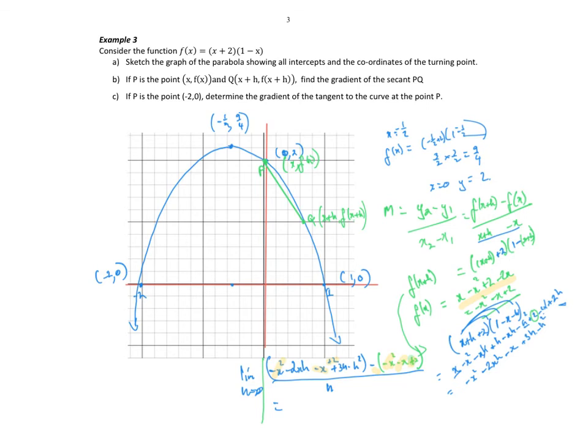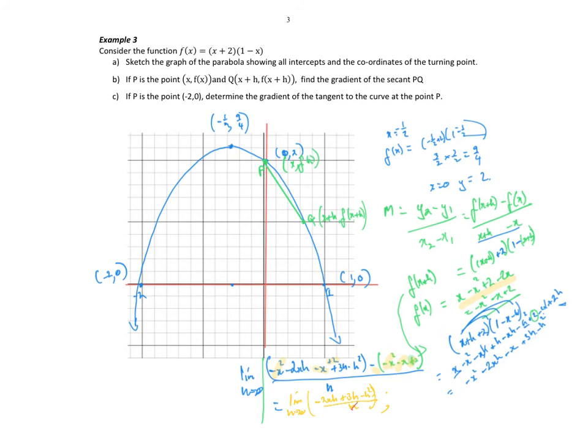So that leaves me with the limit as h approaches 0 of negative 2xh plus 3h minus h squared all over h. And I've got an h in top and bottom, so the h's cancel.